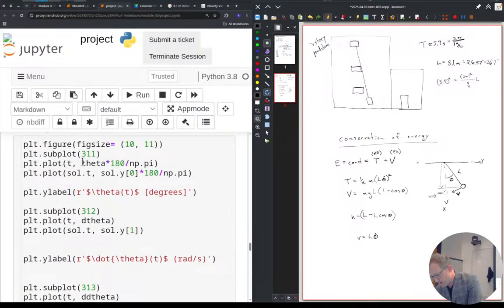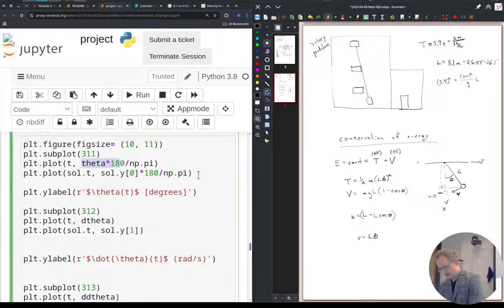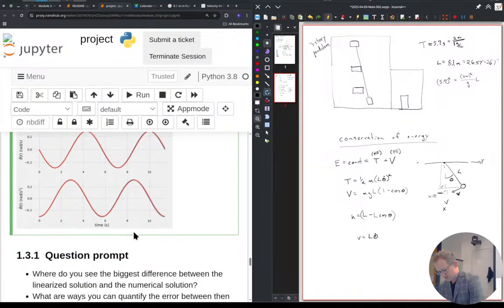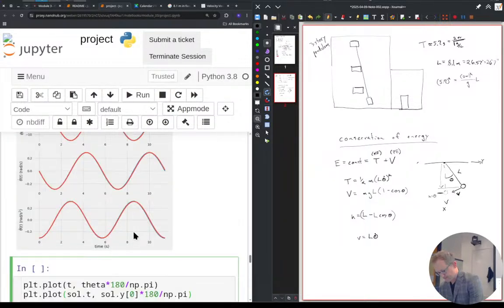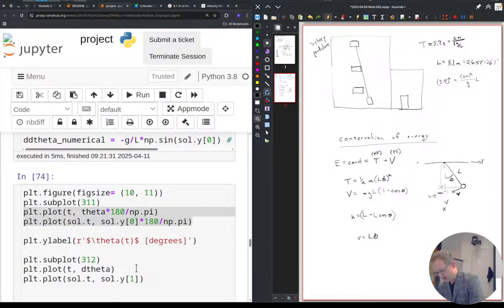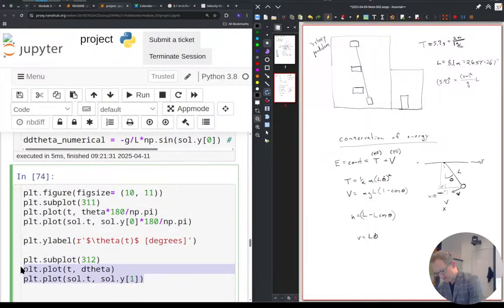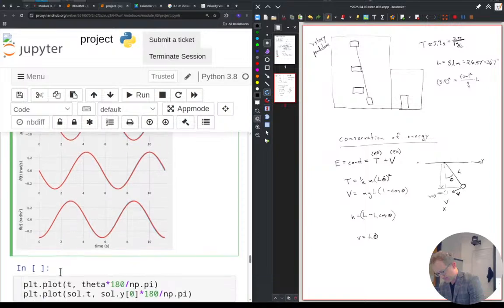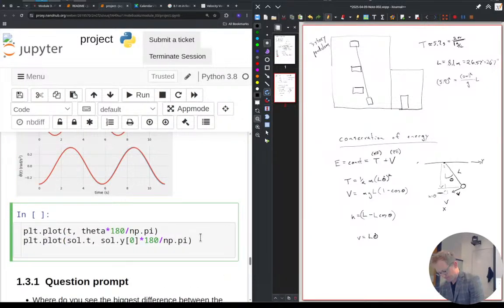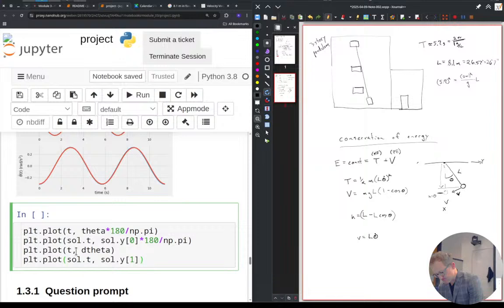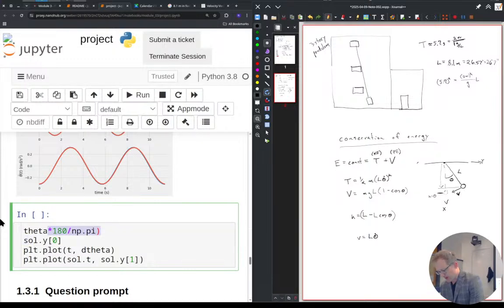All right, so the things that we need are theta. So let's grab these two things. And we need d theta dt, right? And I'm gonna leave it as radians, because do all your math in radians.